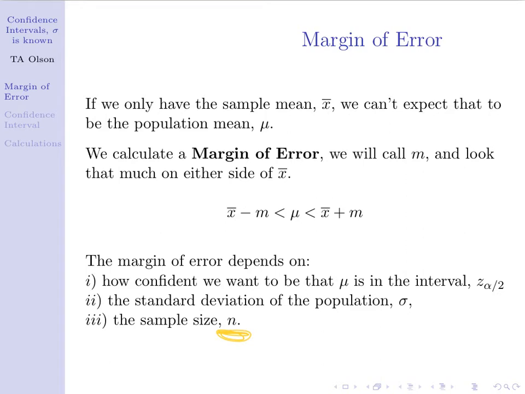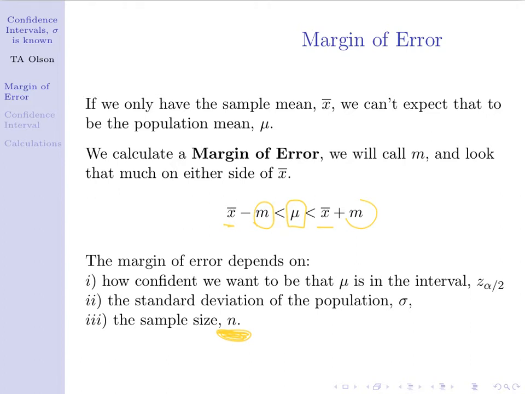We've seen that the larger our sample size, the closer our sample means tend to be to our population mean, which is in this case the thing we're looking for. So the sample size is also going to have an impact on our margin of error. Right, so those are the three things that impact our margin of error.